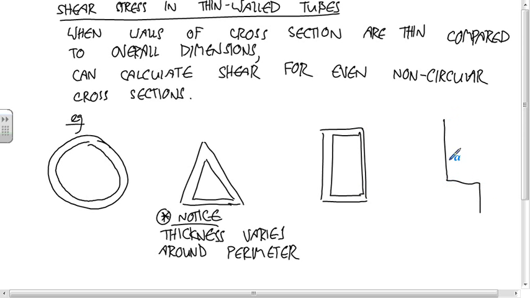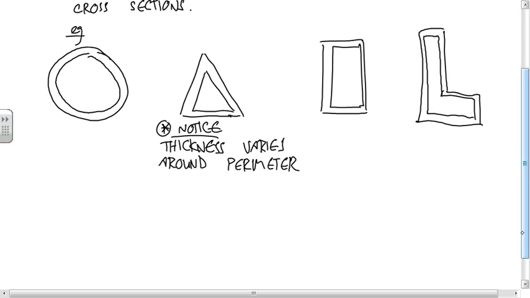And we can do shapes that are totally asymmetrical. We can only do shapes, though, that have a closed thin wall.